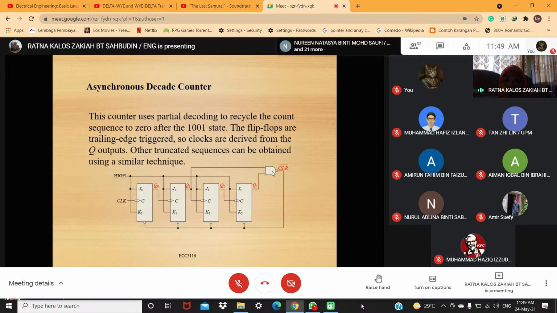Because now you have here the NAND gate. Okay, can you do that? Yes, sir. But doctor, why only Q1 and Q3? Why? That's why I asked you to draw the timing diagram and see what happened.